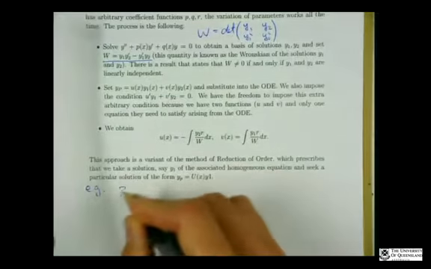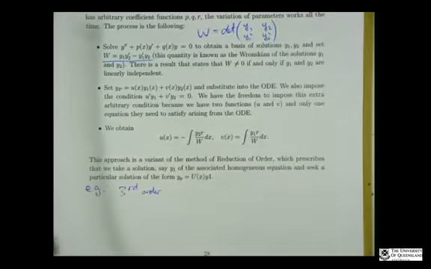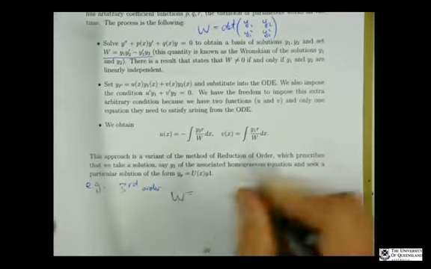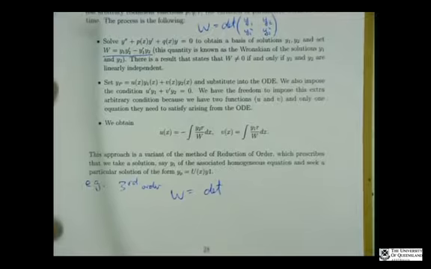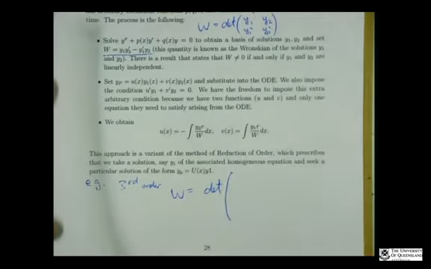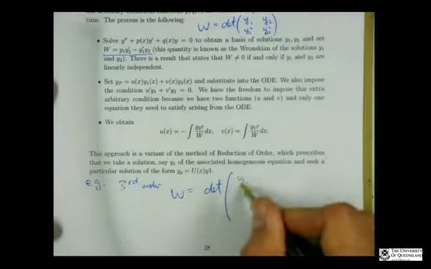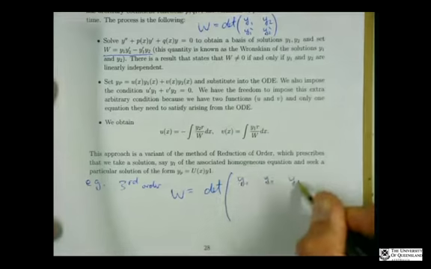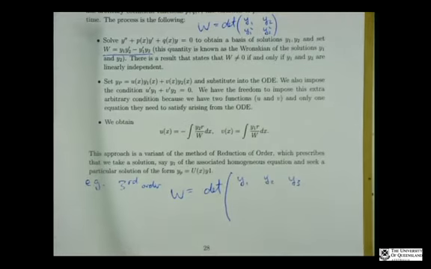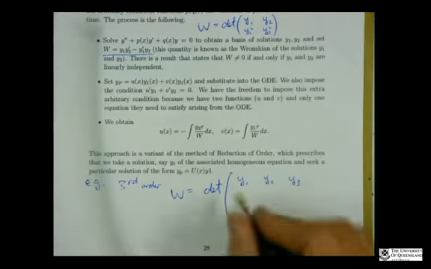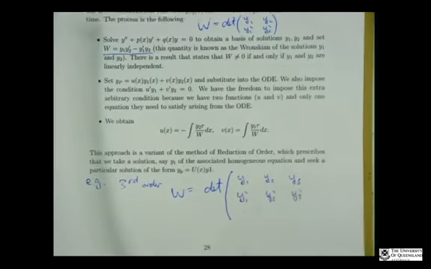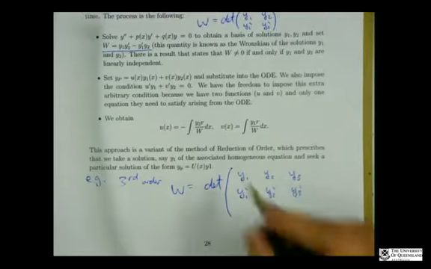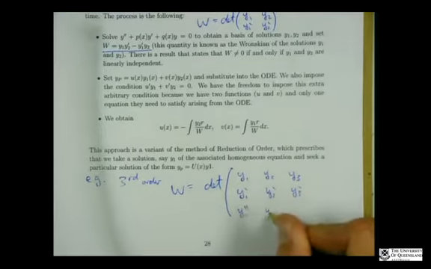For example, in the third order case, the Wronskian is defined in this way, and the pattern generalizes to higher orders. For the third order case, the Wronskian is just the determinant of a 3 by 3 matrix. In the first row, we place the 3 solutions y1, y2, and y3. In the next row, we place their first derivatives, and then in the next row, their second derivatives.